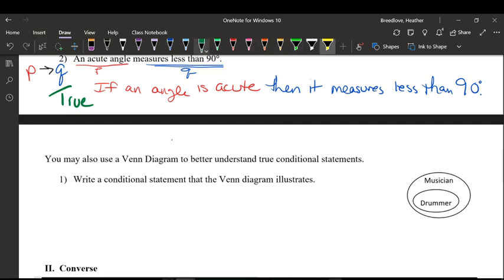If you want to write a true conditional statement, and you are given a Venn diagram, then the smaller circle, the more constricted information, is going to be the if part or the hypothesis, or P, and then the larger circle, the more broad topic, is the Q. So if P, then Q. So to write this as a true conditional statement: if you are a drummer, then you're a musician.